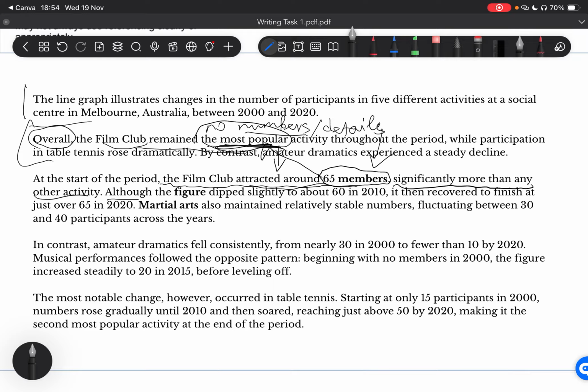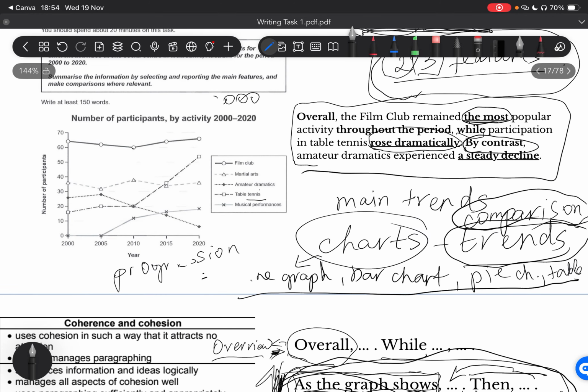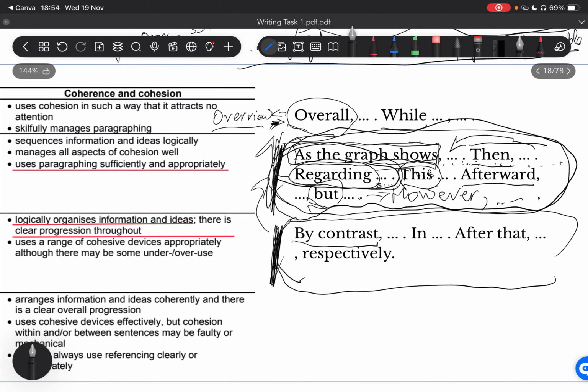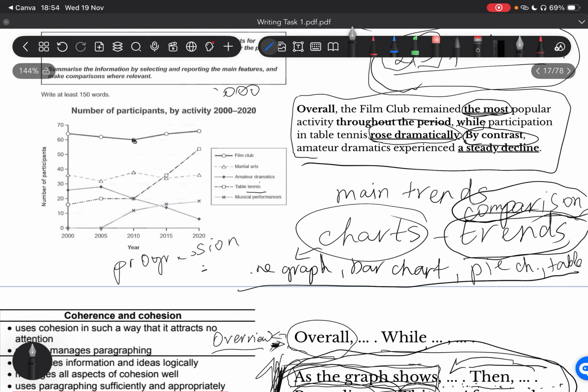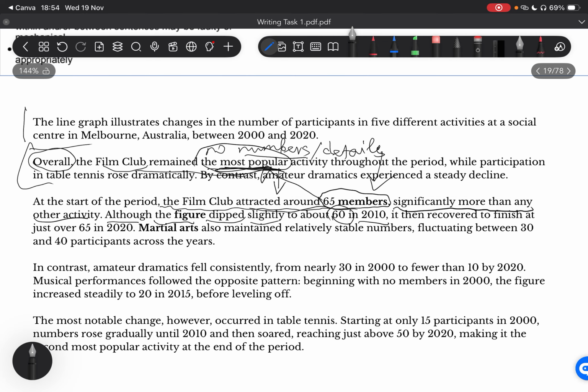Although, so we are comparing here, the figure dipped slightly to about 60 in 2010. So it's very important to mention every exception in your report. So as you can see, it increased, yeah, but here we see only a dip. So we need to mention that thing.